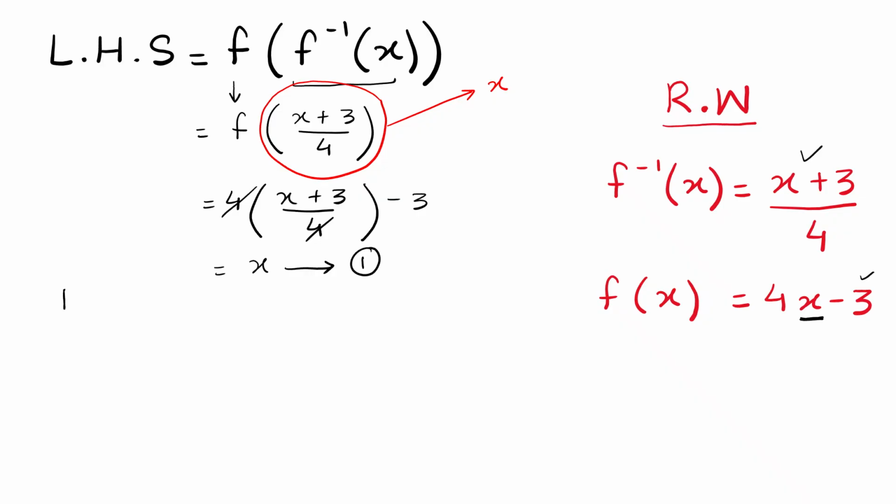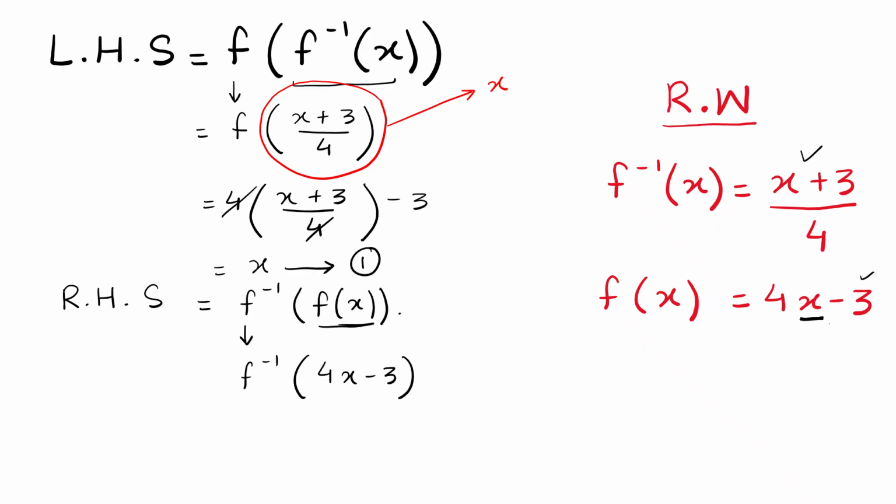Now consider the right hand side, which is f inverse of f of x. Use the same steps. Write this f inverse as it is. Use the value of f of x, which is 4x minus 3. Again consider this 4x minus 3 as x. It becomes f inverse of x.